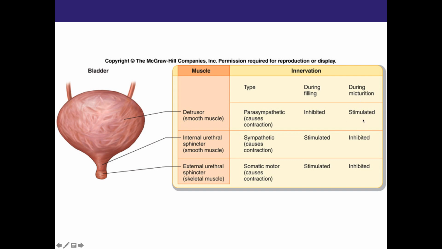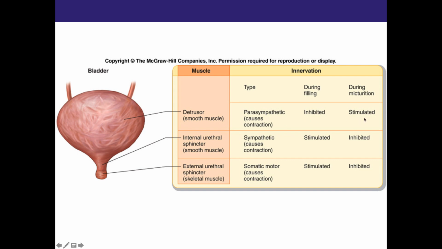You're not doing this. This is involuntary. Remember, this is all through the parasympathetic, resting and digesting. The acronym was SLUD: secretions, lacrimations, urination, and defecation. It's inhibited during filling, but stimulated to contract during urination, micturition.